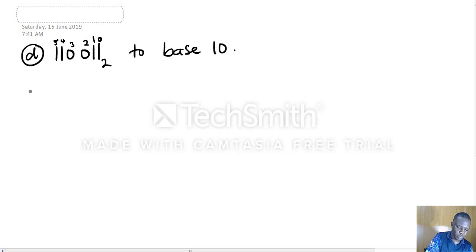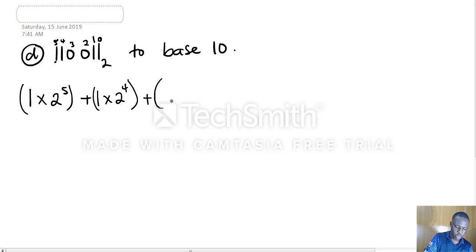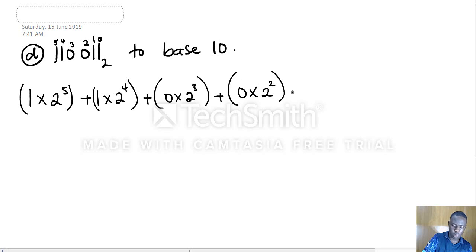So for example, this becomes 1, which is the first digit, 1 times 2 raised to the power 5, plus 1 times 2 raised to the power 4, plus 0 times 2 raised to the power 3, plus 0 times 2 raised to the power 2, plus 1 times 2 raised to the power 1, plus 1 times 2 raised to the power 0.